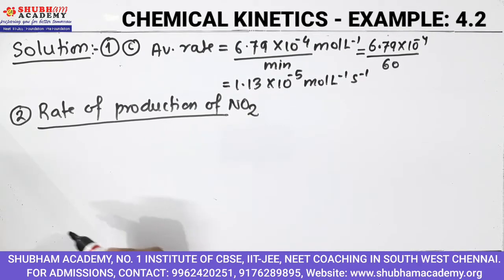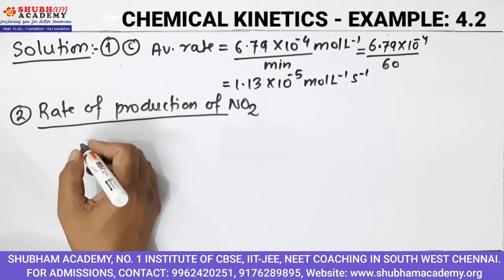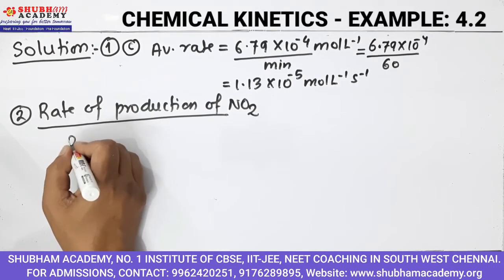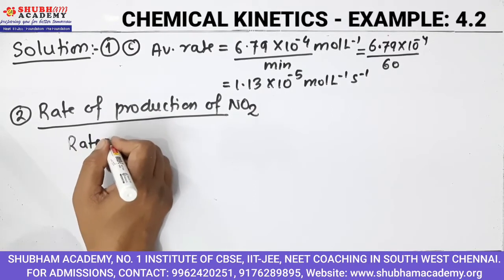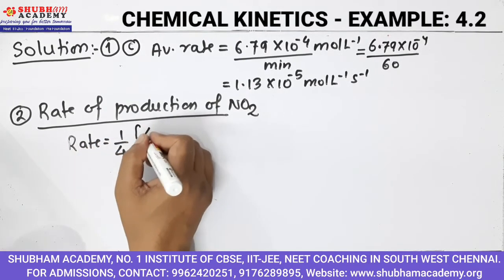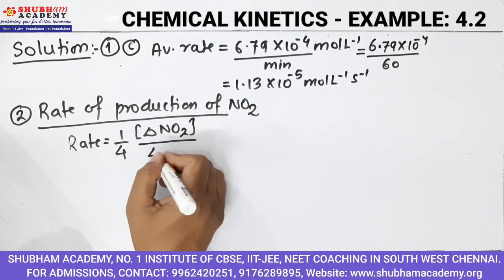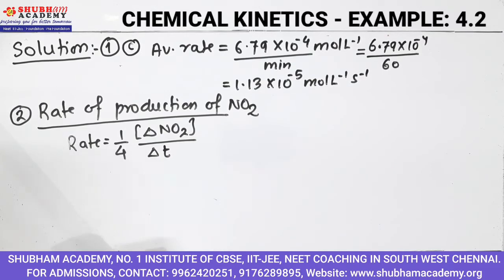So, 1 by 4 is the 4 which is coming as coefficient there, right. So, here my expression becomes rate is equal to 1 by 4 into del NO2 by del T, right.